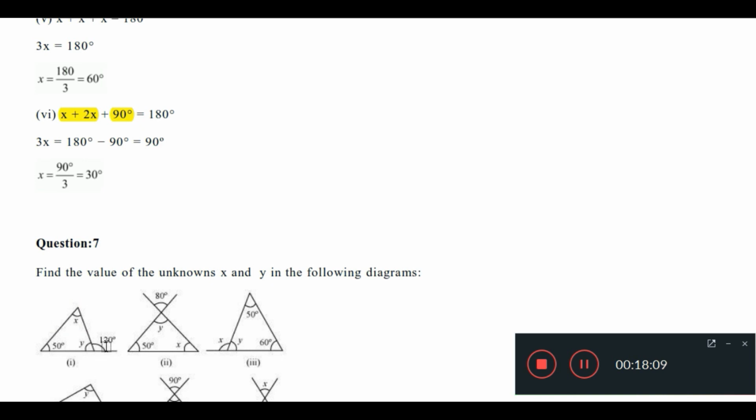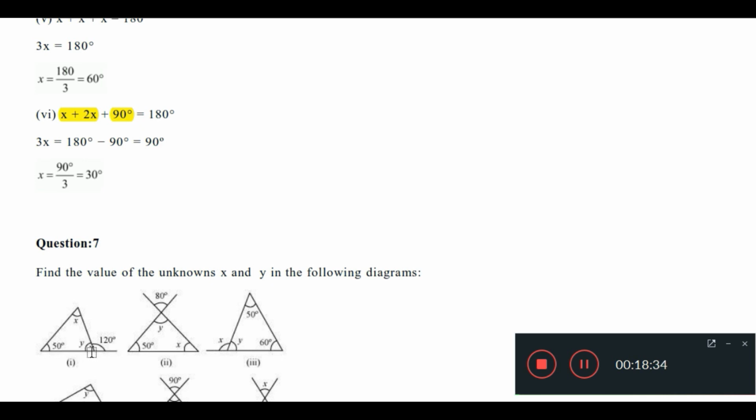We can use the exterior angle property. Why? Because we have an exterior angle which is 120 degrees, and we need to calculate one interior angle which is opposite to y. So first we will use the exterior angle property to calculate x. So what is the value? x equals 120 minus 50, which is equal to 70 degrees.